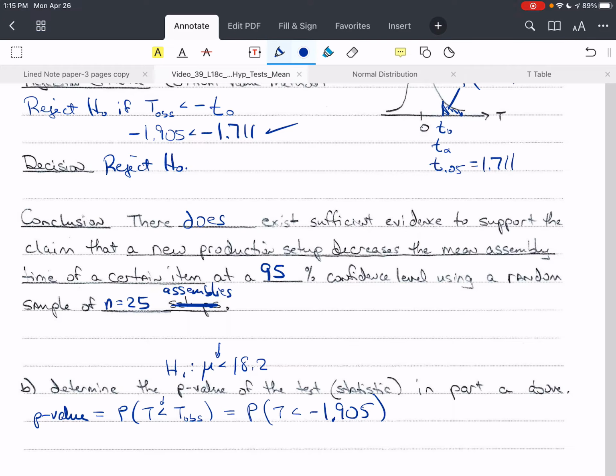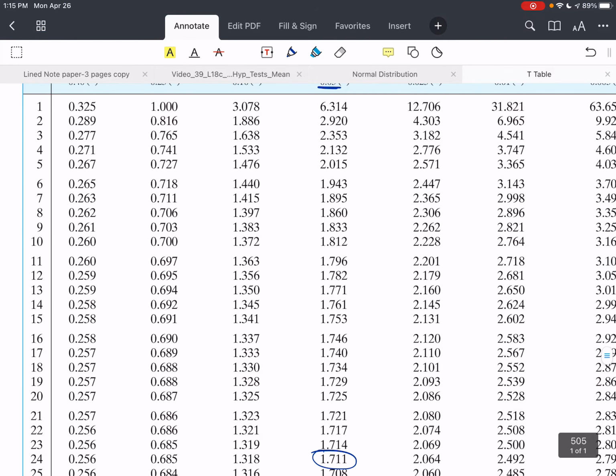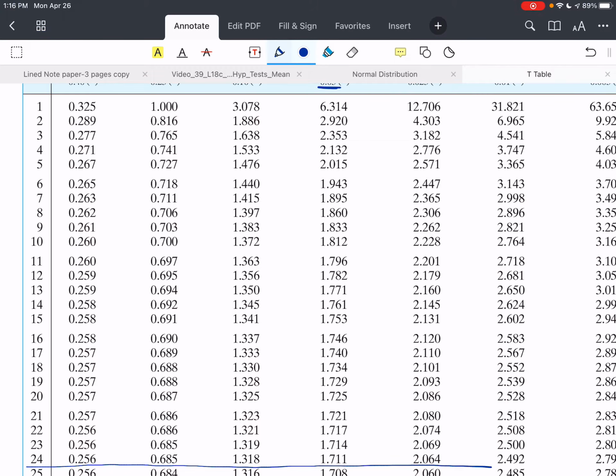Let's go to our t-table. Remember that our degrees of freedom, which is n minus 1, is 24 in this case. These are all positive numbers, so we'll use the positive value of our test statistic, 1.905, and it's between these two numbers.